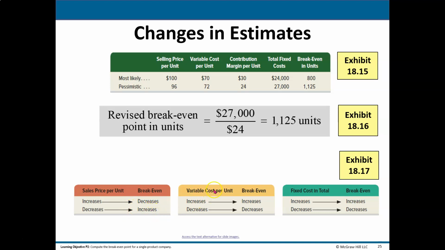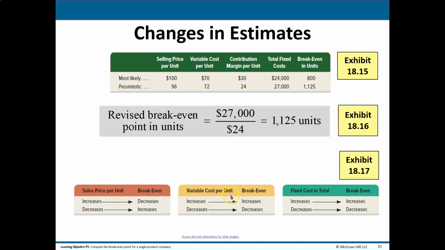Now let's look at variable cost per unit. Here's another thing we can learn. Assuming my sales price per unit, I'm selling each football for $100, my fixed costs remain at $24,000. If my variable cost per unit increases, then my break-even point would increase.